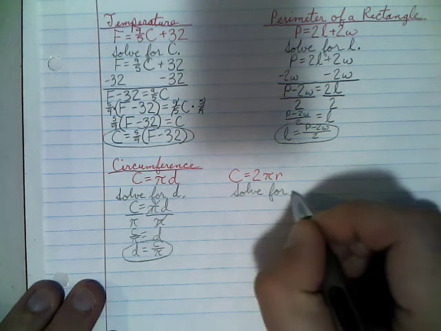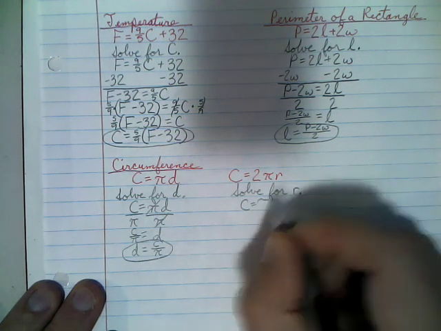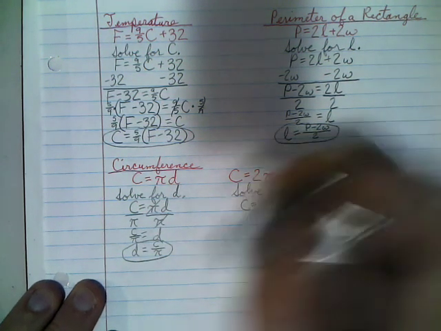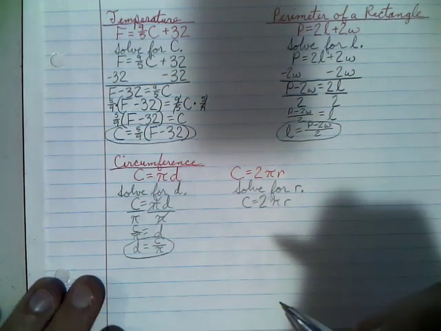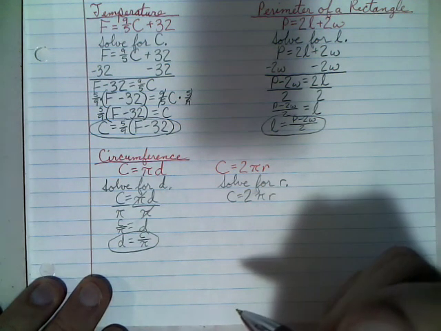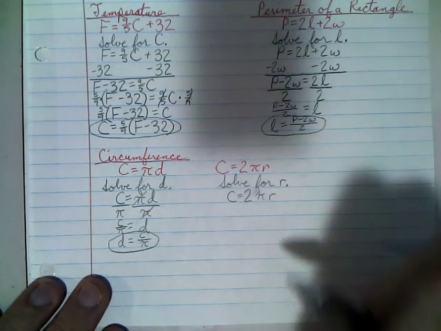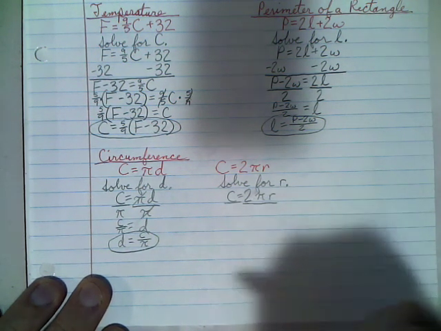And over here, obviously, we're going to solve for r. So C equals 2 pi r. Now this time I have two things that we're multiplying with r. For the sake of speed and ease, we can actually divide both sides by both of these things.